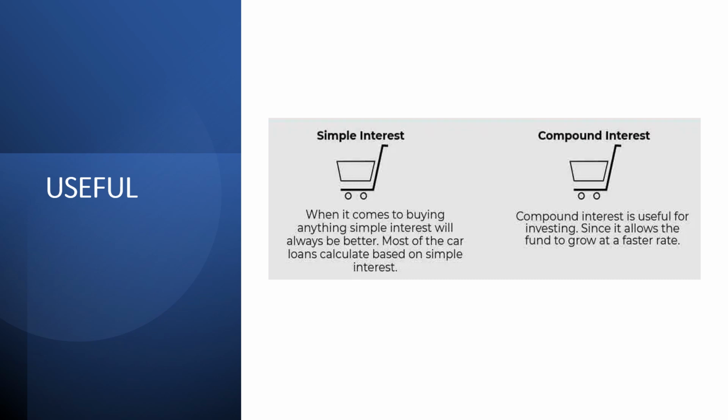As for the usefulness, when it comes to buying anything, simple interest will always be better than compound interest. Most car loans are calculated based on simple interest. Compound interest is useful for investing since it allows the fund to grow at a faster rate.